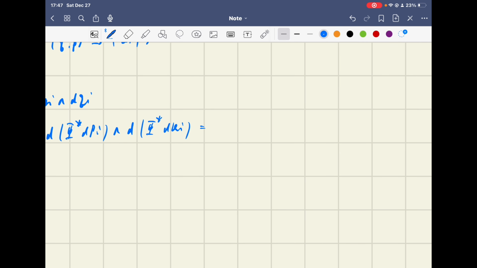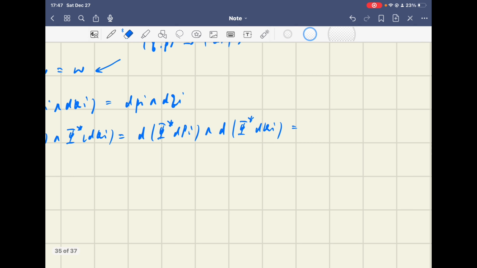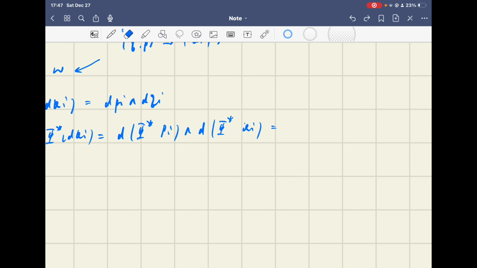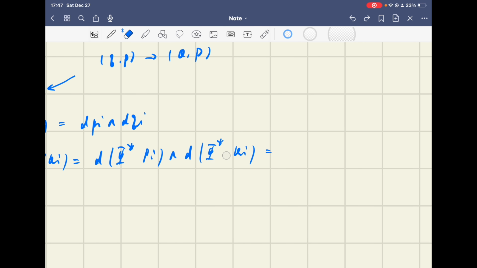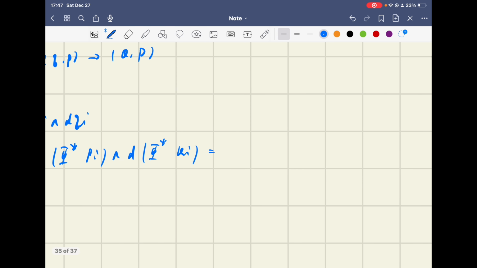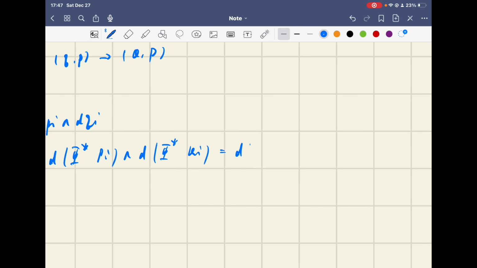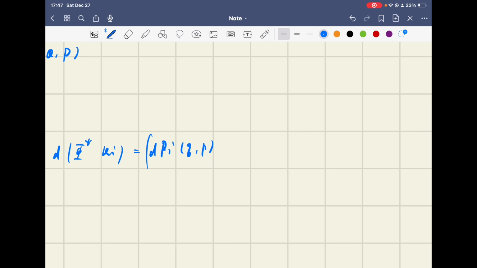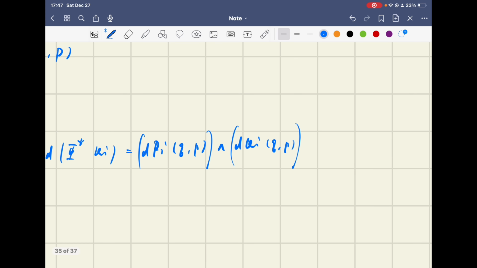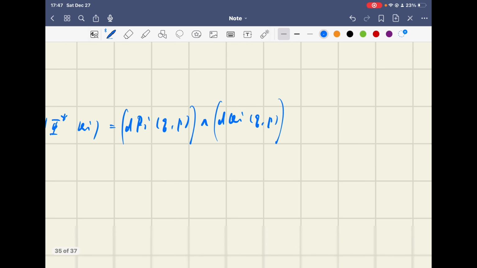So that would be dp_i(q,p) wedge dq_i(q,p), and this is equal to the old dp_i wedge dq_i.